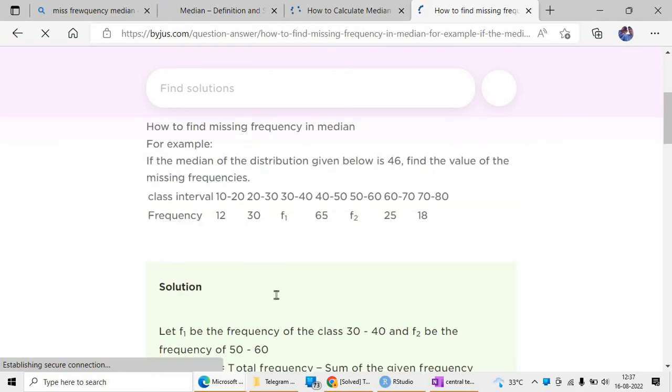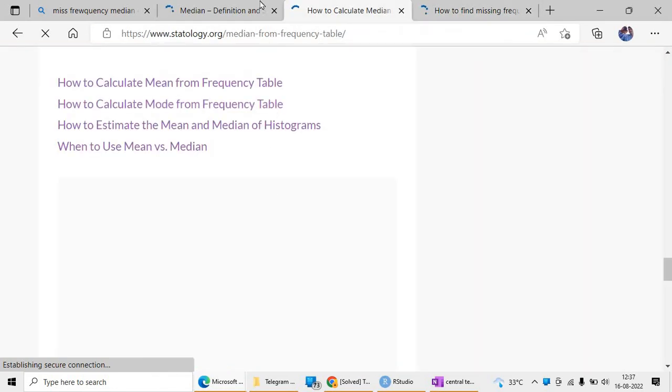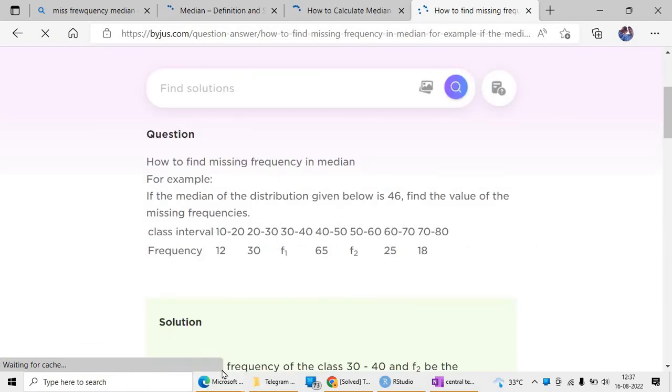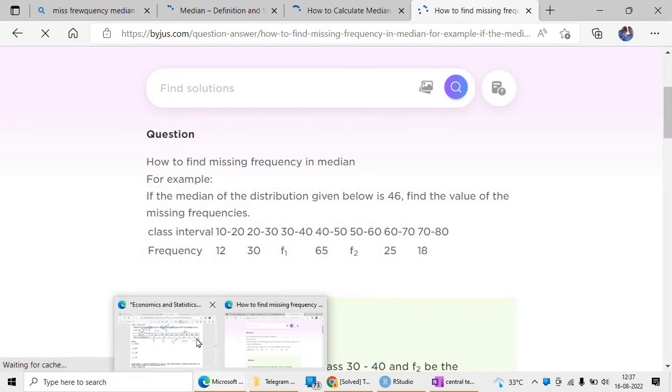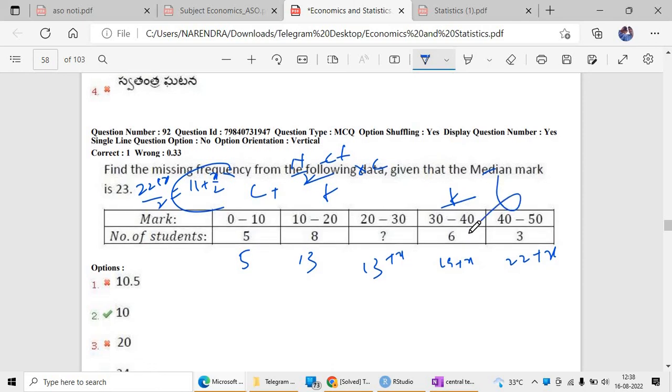How do you know 229? I think they didn't mention the n value in the question. Given the median of the rank is 23, then the marks of the student is... Okay, in the next class I will discuss this question.